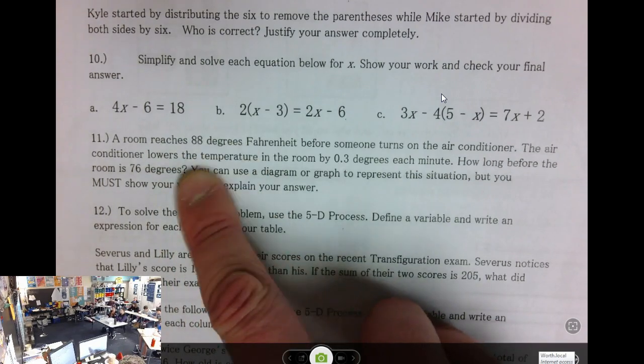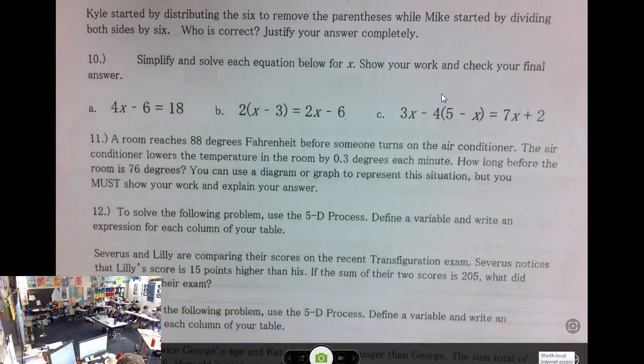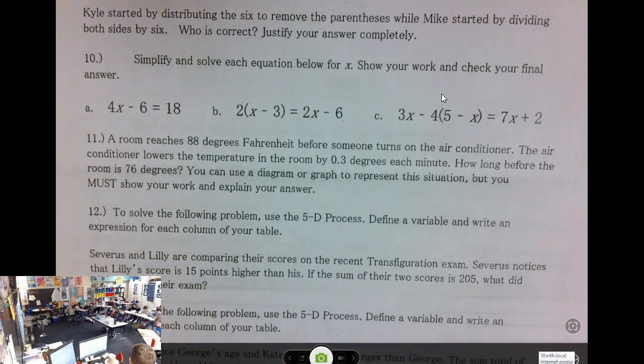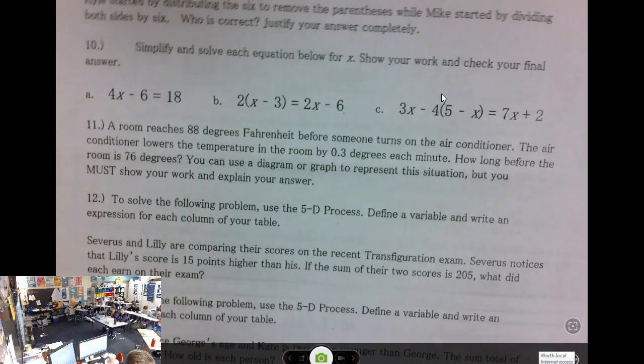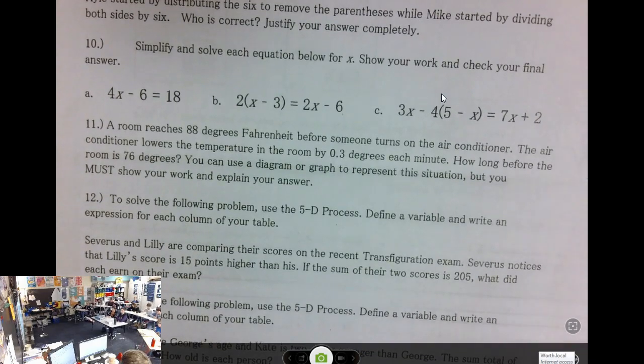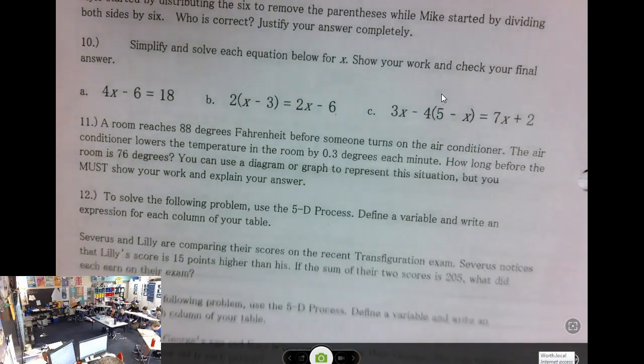We're really looking at what is the distance we're trying to cover, the distance in temperature, what rate are we changing at, and how much time will it take to do that? Distance, rate, and time. You can use your dirt equation here. Distance equals rate times time.